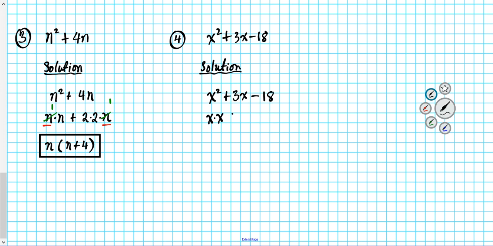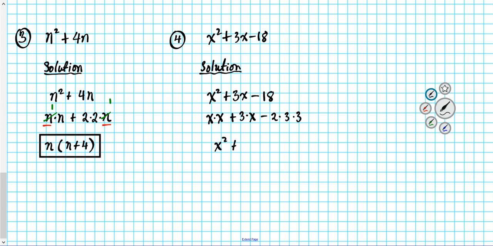So the first term breaks down to x times x, the second term 3 times x, third term 2 times 3 times 3. Okay, you can use the factor tree to do this. So that's the decomposed form. Now, is there a common factor in all three terms? The answer is no. So we multiply it back together.